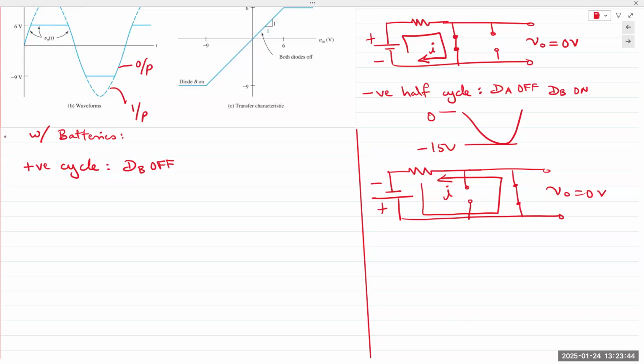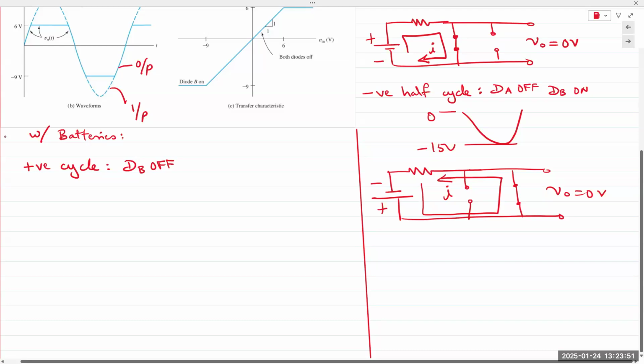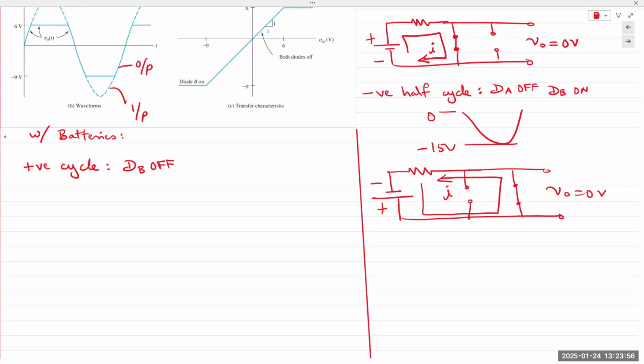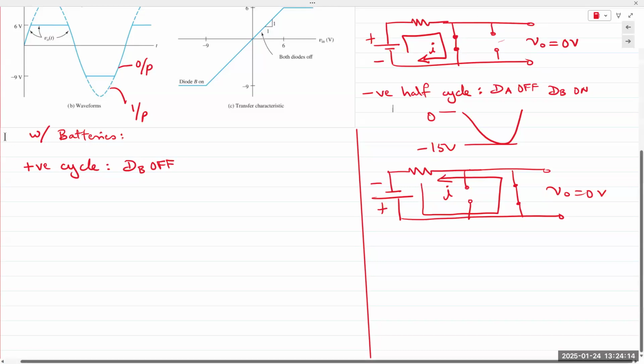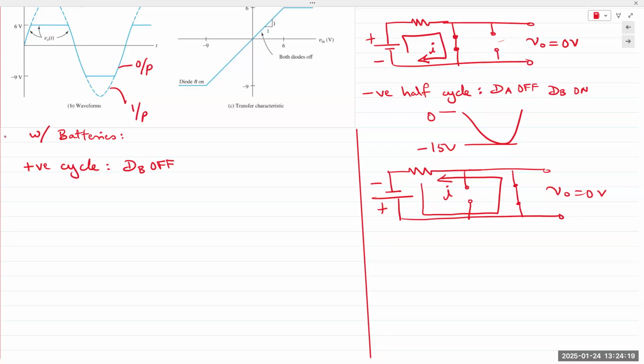It's the positive half cycle, so the negative is being applied to the anode of DB. So DB remains off, and that branch of the circuit where DB is connected does not matter in the positive cycle. Does that make sense to everyone? DB does not matter in the positive half cycle. Same thing that we saw here, because it's off. So DB remains off regardless of what is going on or what battery is connected.